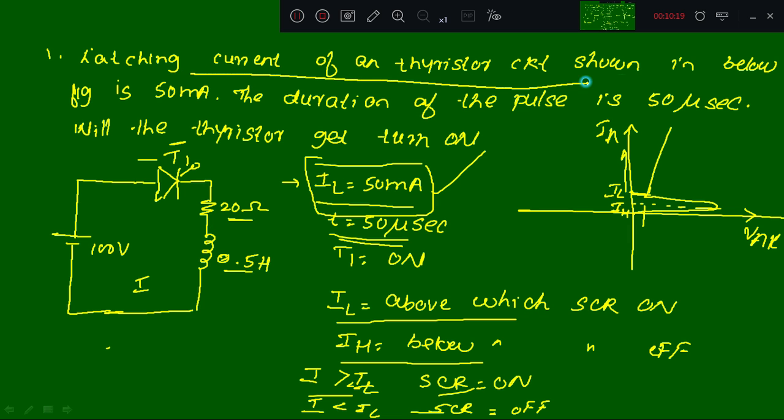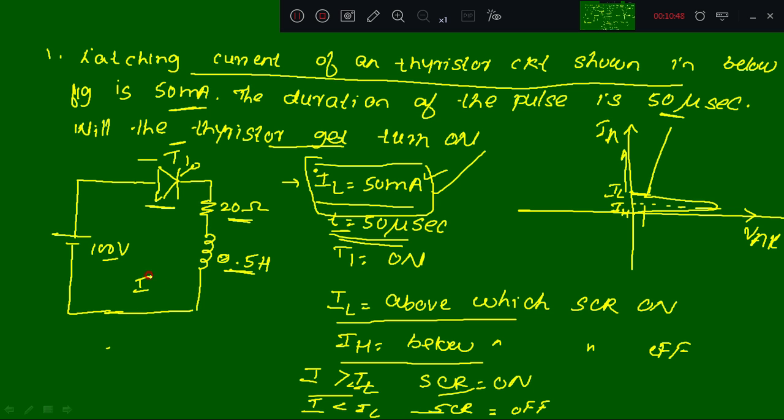Latching current of the thyristor circuit is 50 milliamps. IL is 50 milliamps they have given. Duration of the pulse T is given as 50 microsecond. Check whether the SCR thyristor will turn on or not, with the given 100 volt, 20 ohm, and 0.5 connected here. And if the latching current IL is given, how to check whether the SCR is on or not?